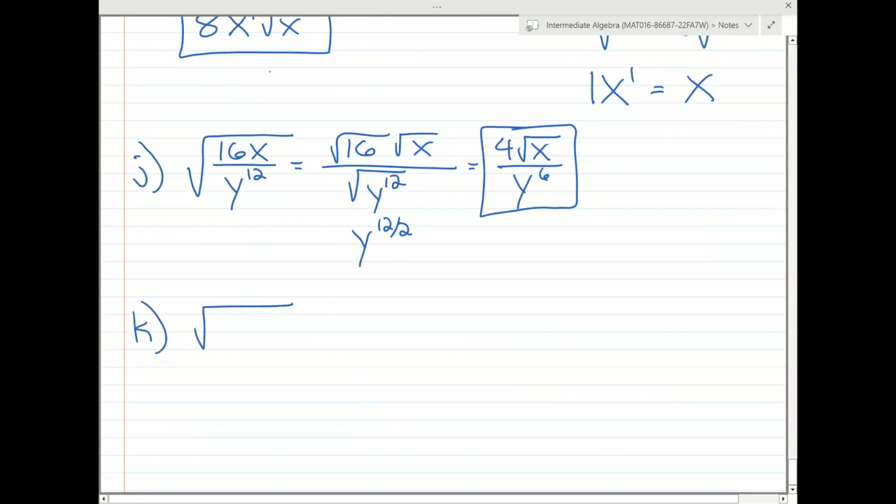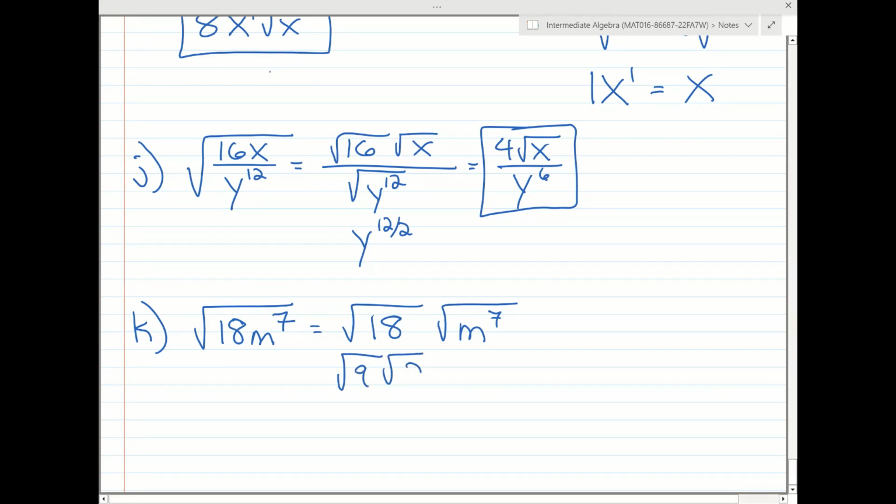What about the square root of 18m to the 7th? Well, we could write this separately. Square root of 18, square root of m to the 7th. Square root of 18 we know is square root of 9 times the square root of 2.